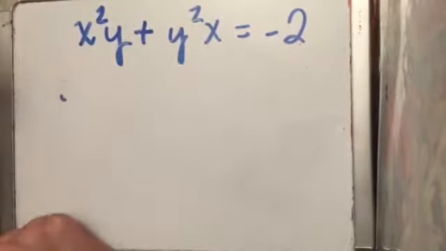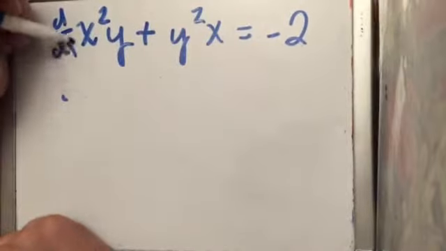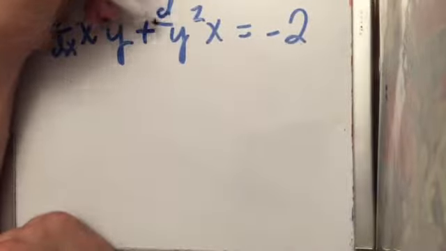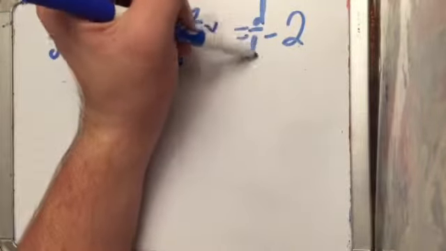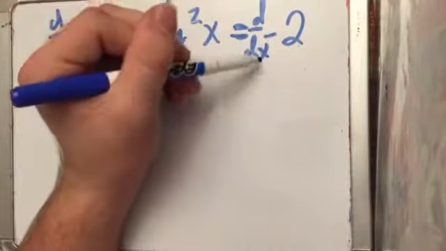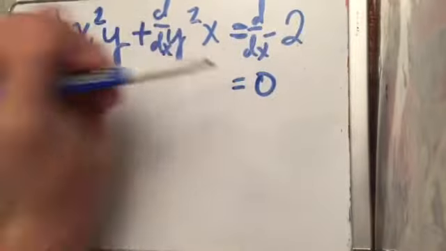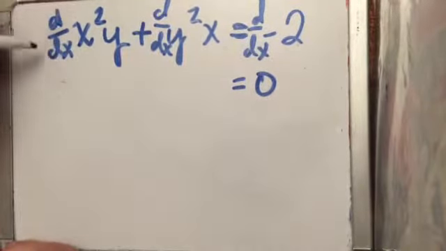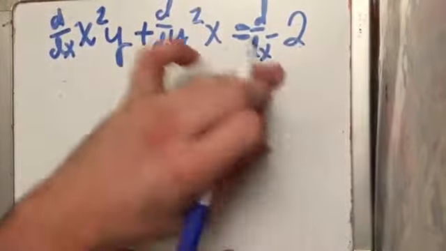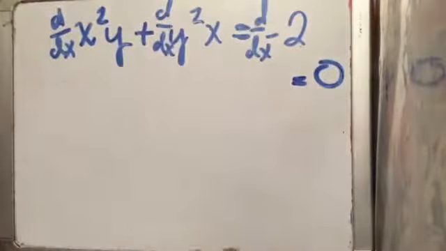We're just going to write that up here. These are two separate things, separated by the addition sign. So by the constant rule, this is 0. And then on this side, we have to use the product rule twice because they're separated by the addition.